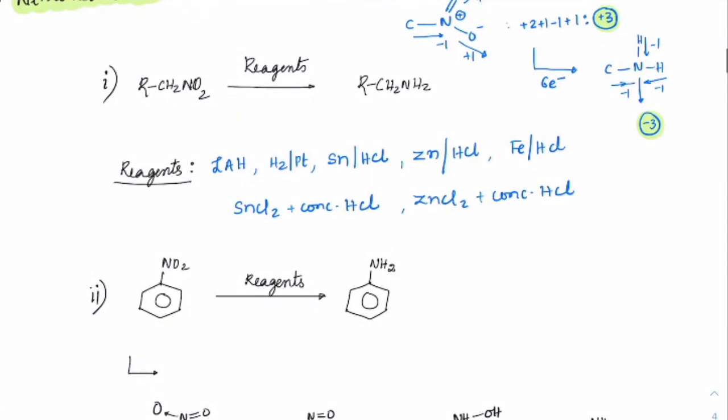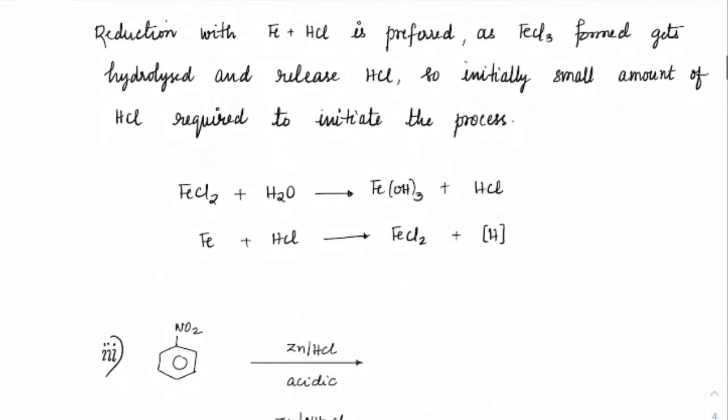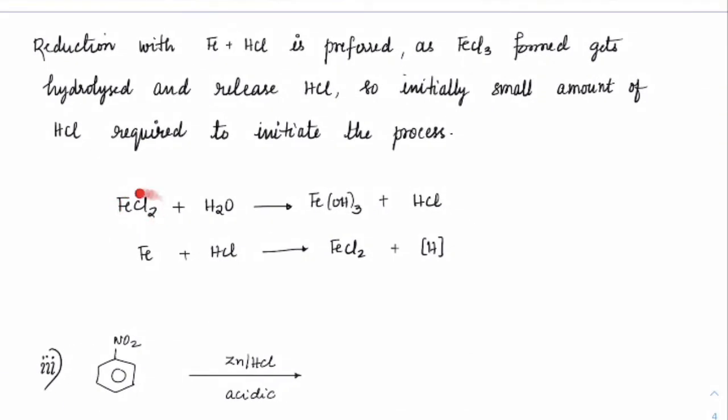Out of these reagents, iron is preferred more in industry because iron first forms FeCl3. Let me show you that. FeCl3 is formed, and if you take it in aqueous solution, FeCl3 in water precipitates and releases HCl back. So you don't need a large amount of HCl for this reaction. A small amount of HCl is sufficient to initiate the reaction.